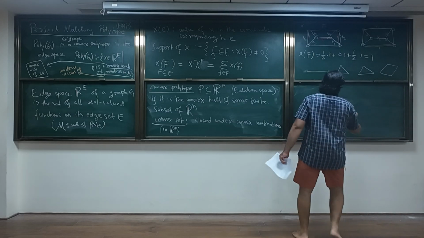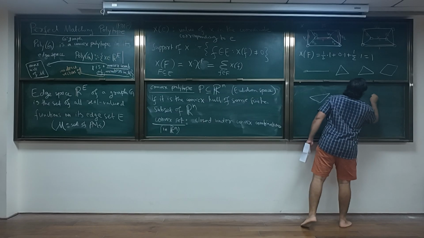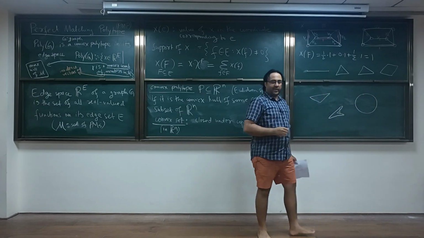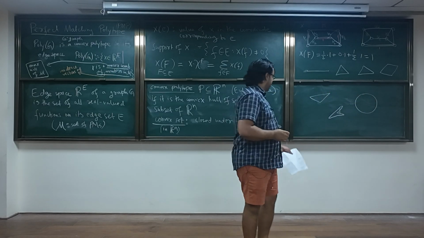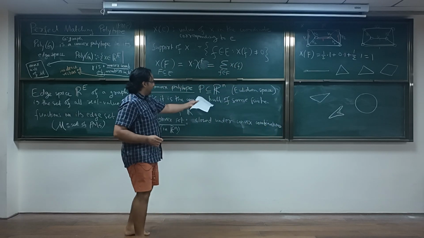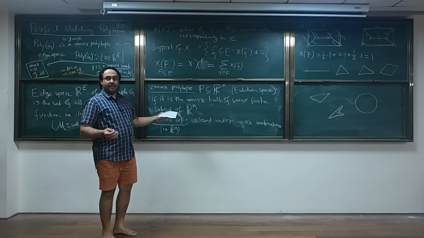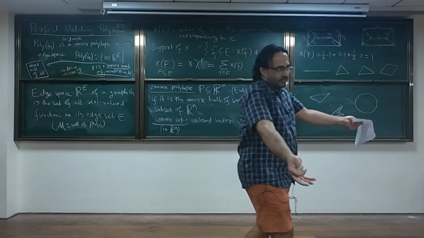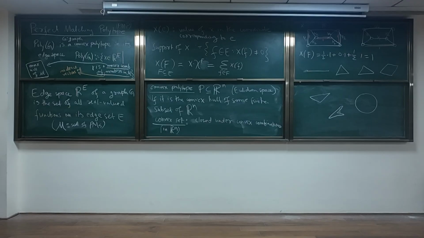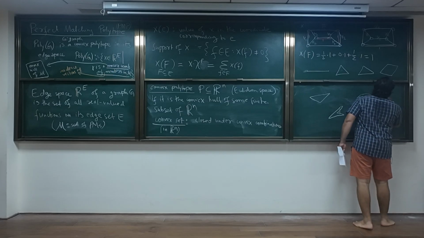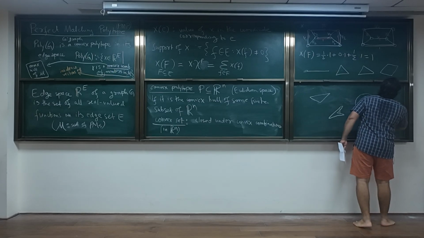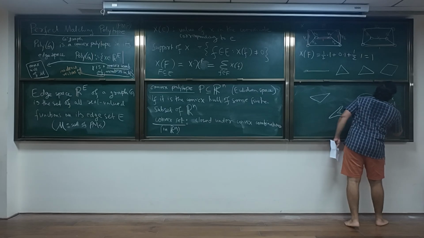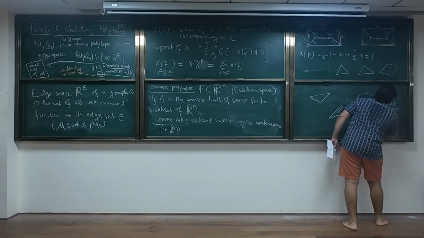A circle, if drawn well enough, hopefully, is a convex set, but it is definitely not the convex hull of a finite number of points. You need all the infinite points in the boundary of the circle, so it's not a convex polytope. Okay, so this is a convex set, but not a convex polytope.